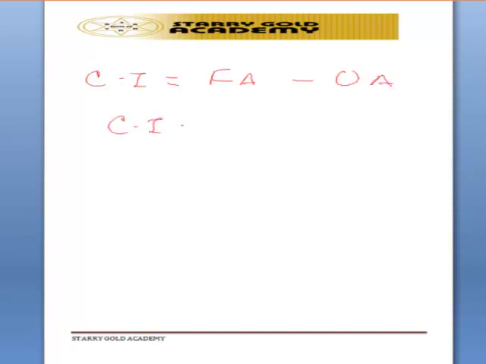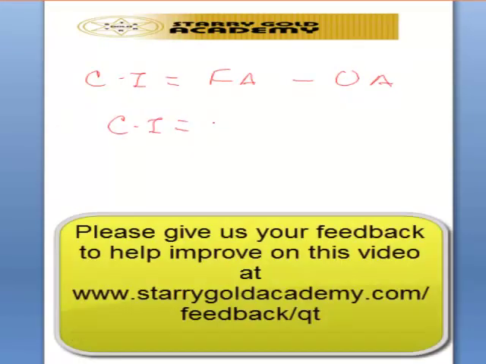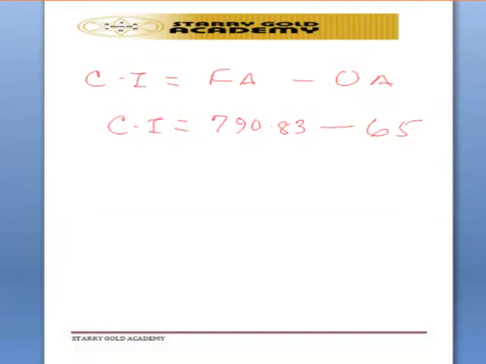So compound interest will now give us, our final amount is what? 790.83 minus original amount, which is 650. Therefore, compound interest is equal to 140.83. That's our compound interest. That's a simple definition and analysis or computation with respect to simple interest and compound interest.